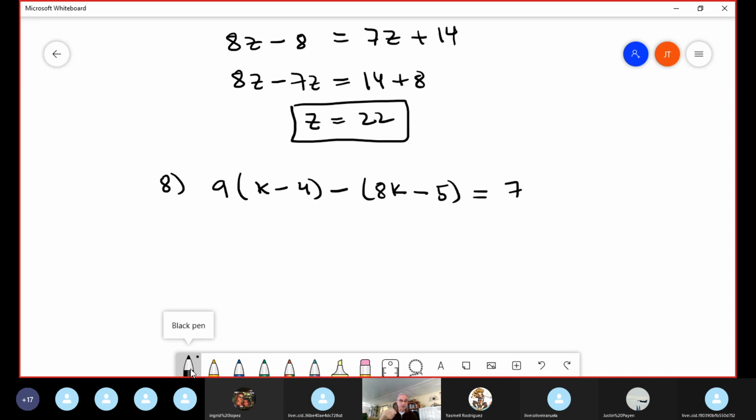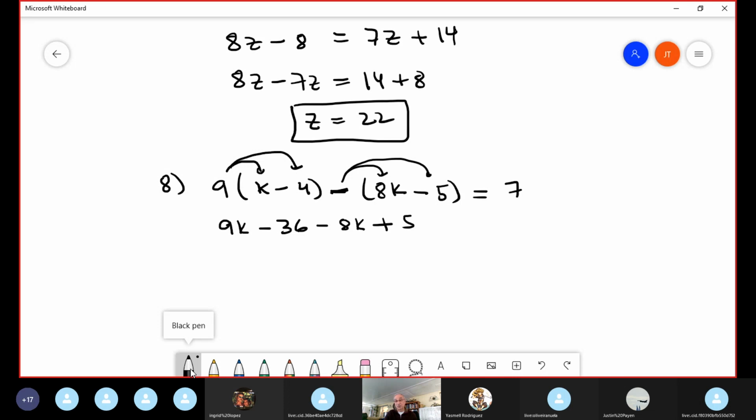Good, excellent, thank you. Okay, again, parentheses, you remove the parentheses. 9K minus 36. Entonces, this minus works like a minus 1 here, invisible, no? Entonces, this negative changes completely the sign of this. It's a minus 8K plus 5.